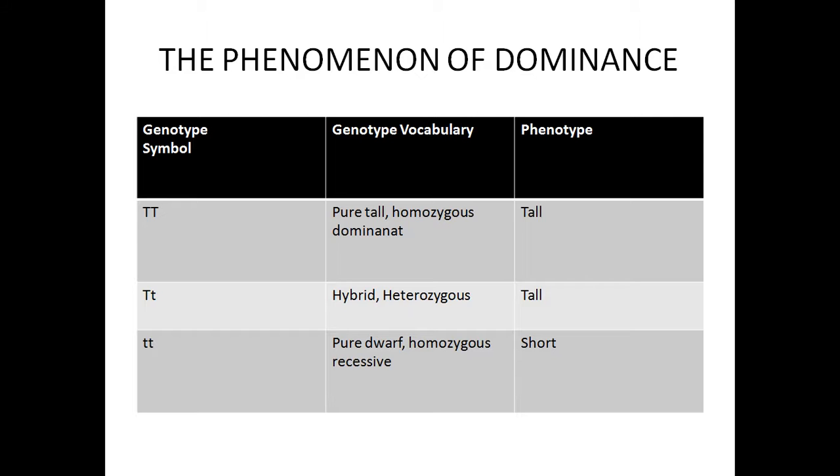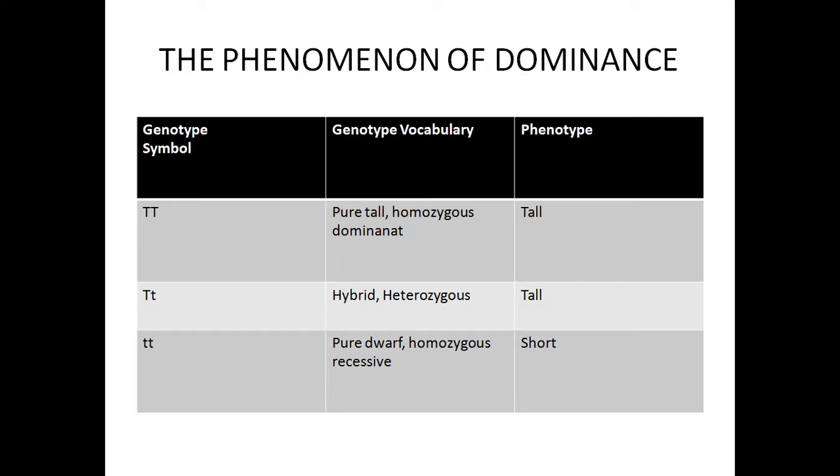So the character or the trait which appears in the homozygous individual is the dominant character. The character which can express itself in the homozygous as well as in heterozygous condition, we call it a dominant character.